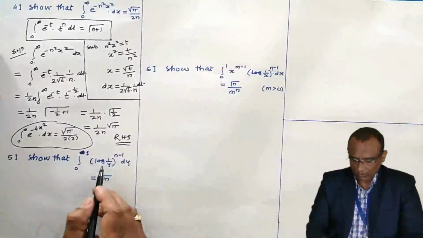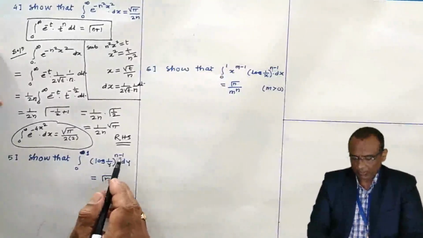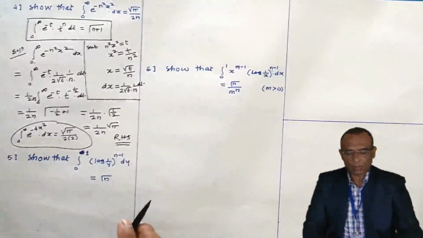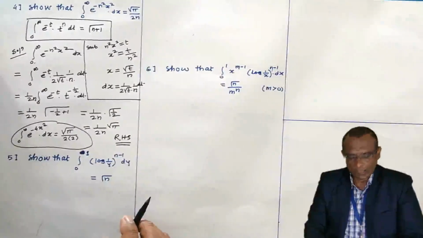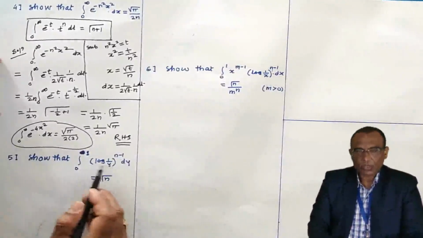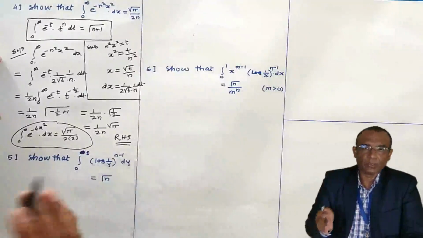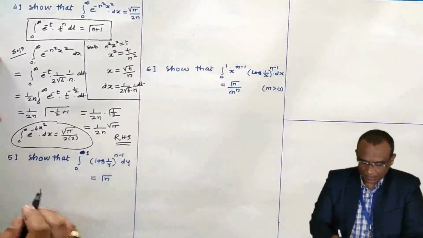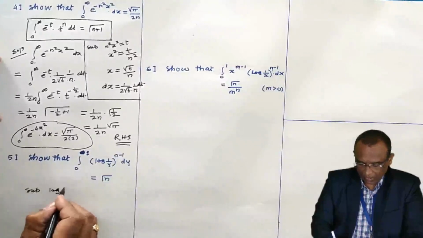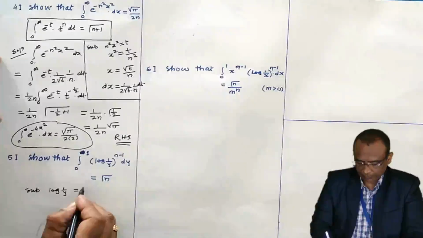Integral 0 to 1 of (log 1 by y) to the power n minus 1 dy is equal to gamma n. Now we worked on the exponential function directly. Now the function is a log function. When the function is a log function and we are going to use the gamma function, then substitute log 1 by y is equal to t.